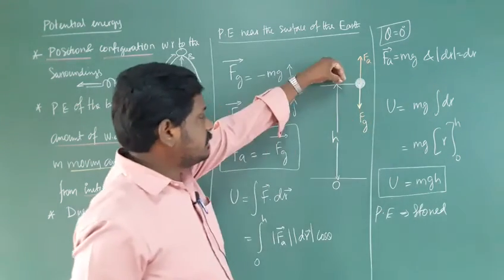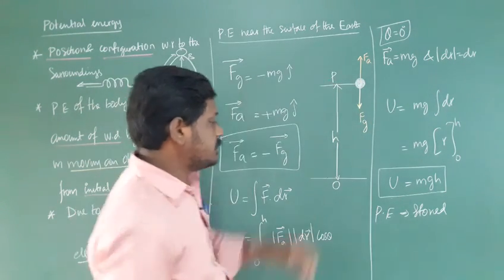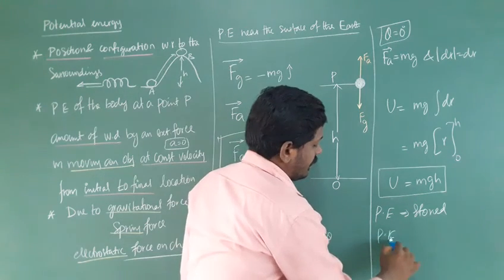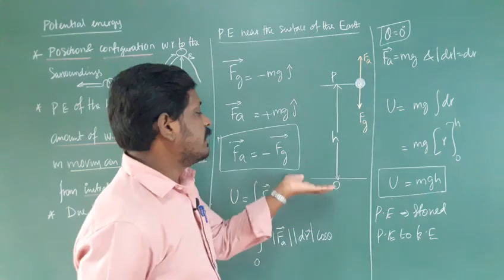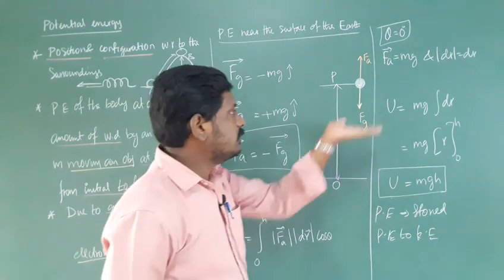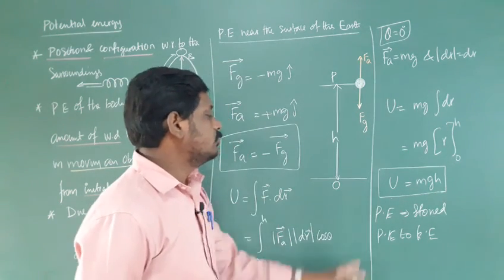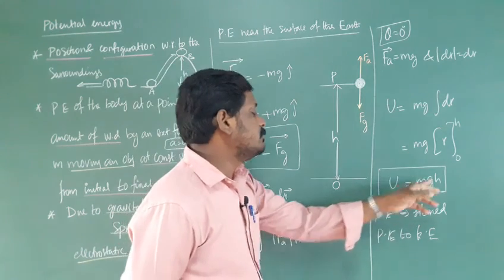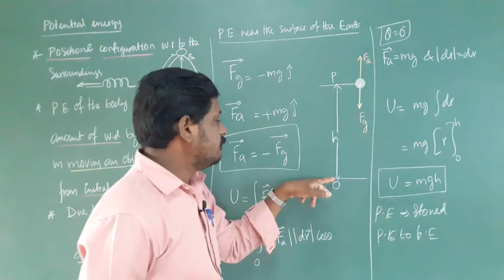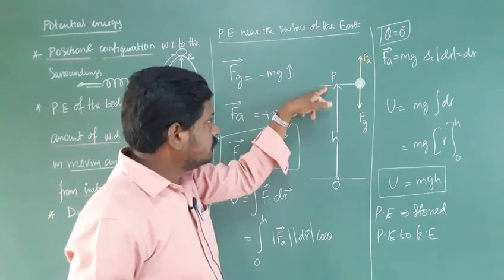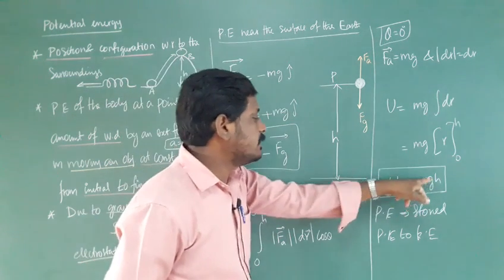If you release it, it will come back, so potential energy is converted into kinetic energy. Potential energy stored means we are transferring energy through the external applied force. So U is equal to mgh when an object of mass m is lifted from the initial point to height h against the gravitational force.